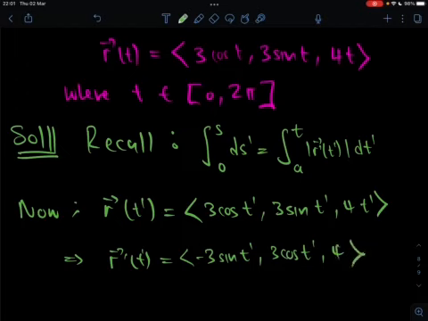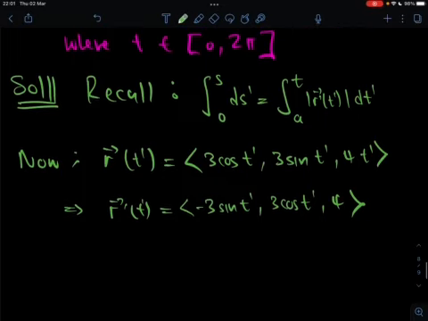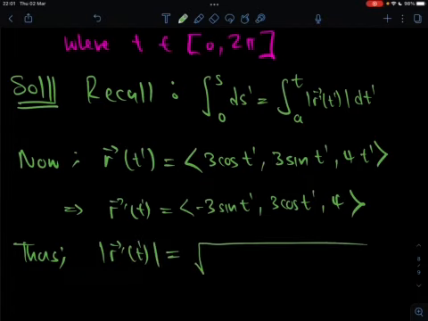Then we find the magnitude of this result. The magnitude of r prime of t prime is the square root of negative 3 sin t prime squared plus 3 cos t prime squared plus 4 squared.